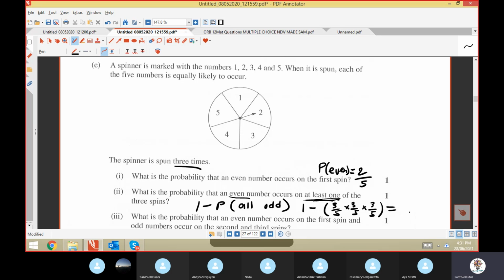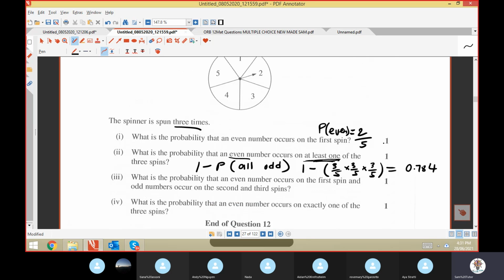And that's to the power of 3, and so the cube, 1 minus that gives you 0.784. Everyone's okay with that? Okay.